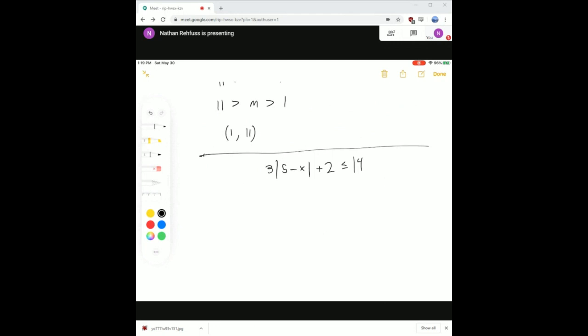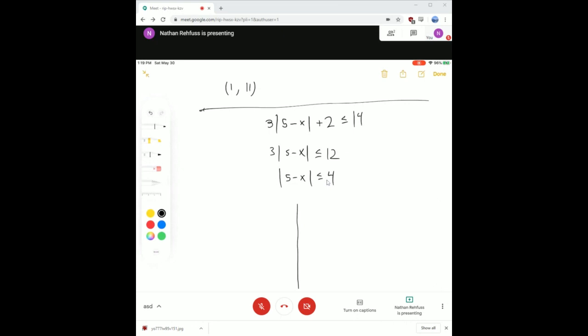Okay, so first I'm going to isolate the absolute value symbol. That's the same no matter what. So I'll get rid of the plus, 5 minus x, subtract 2 from each side. Now I have a 12. Divide both sides by 3. I'm going to switch up the order here. This says x is no more than 4 units away from 5.